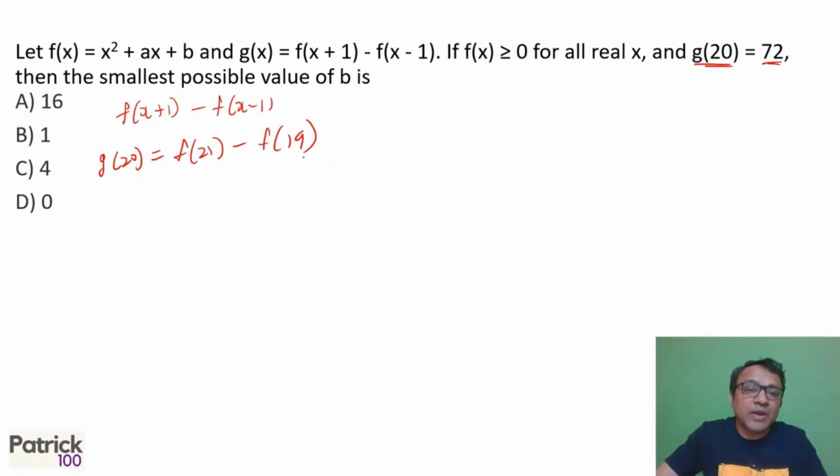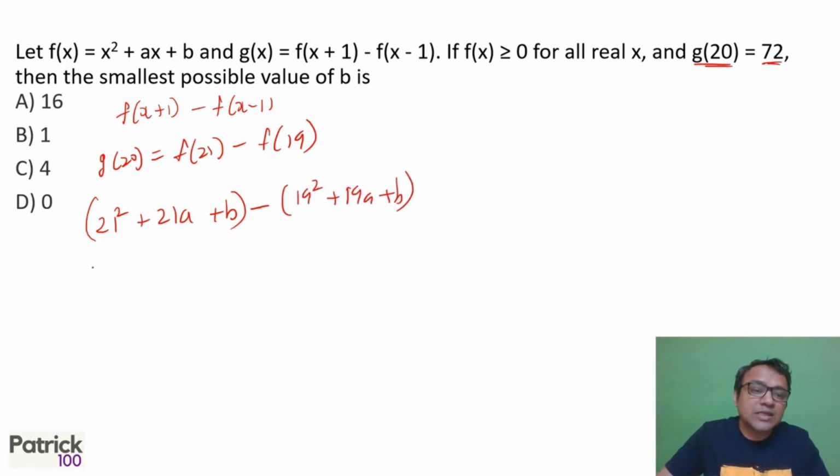If I put f(21) minus f(19), substitute here: 21 square plus 21a plus b, minus f(19), which is 19 square plus 19a plus b.